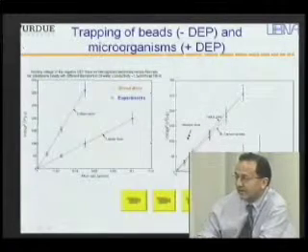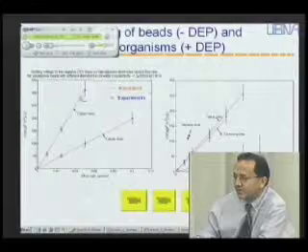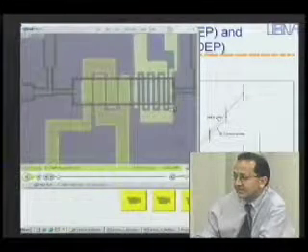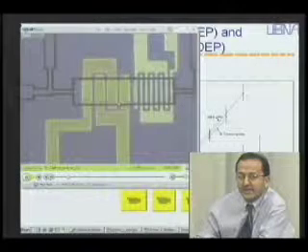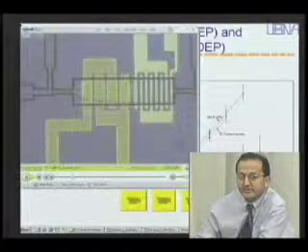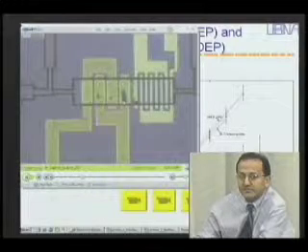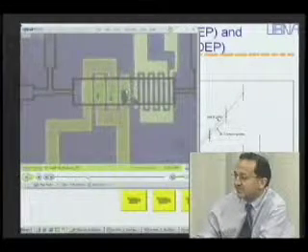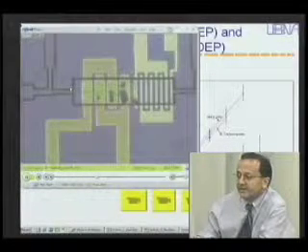Okay, and let me try this third one too real quick, see if this works. Here the idea is that you've got these particles coming in from the right, flowing to the left, and these are dielectrophoresis electrodes. So when we turn the voltage on, these particles continue to get trapped at a very high efficiency while fluid is still flowing through this chamber.